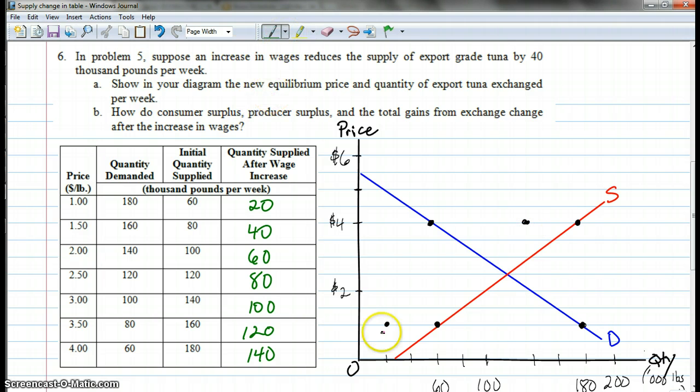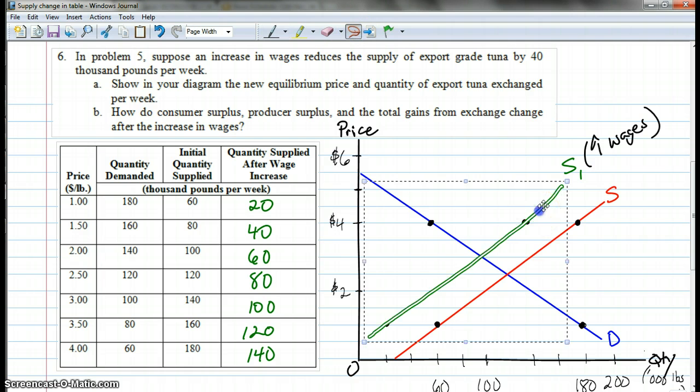And I will connect those two dots with a linear supply curve. We always label those S1, and we like to tell the story as to why that curve shifted, so I'll put increase wages here. And I will straighten that curve as well. And there's my supply curve.